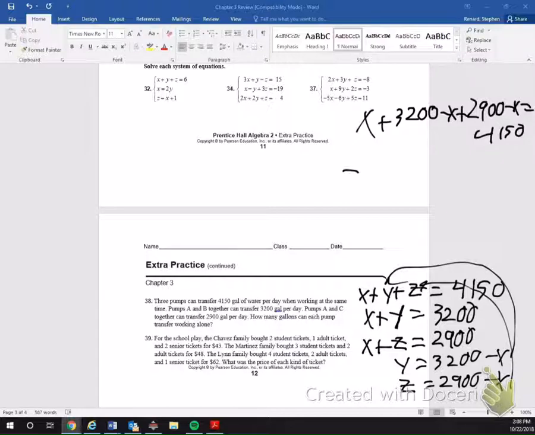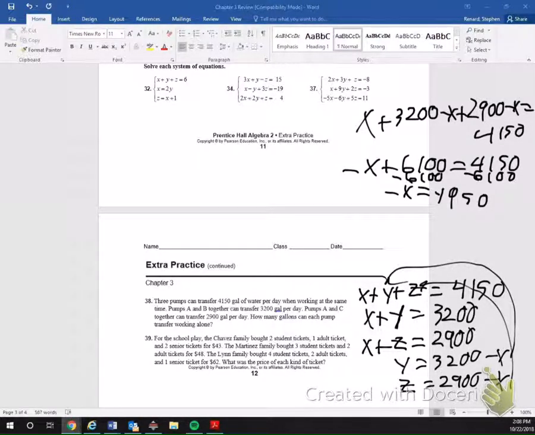And that's going to give me 4,150. So I get negative x, because I have x minus x, 0, minus x, negative x, plus 6,100 equals 4,150. Subtract 6,100 from both sides, and I get negative x equals negative 1950, or x equals 1950.